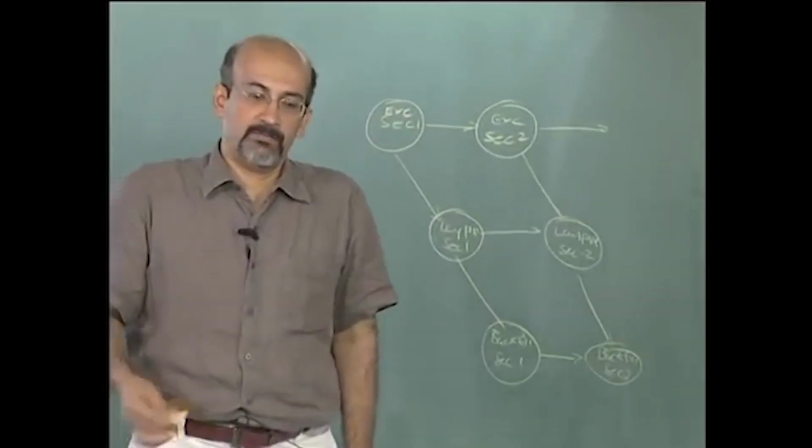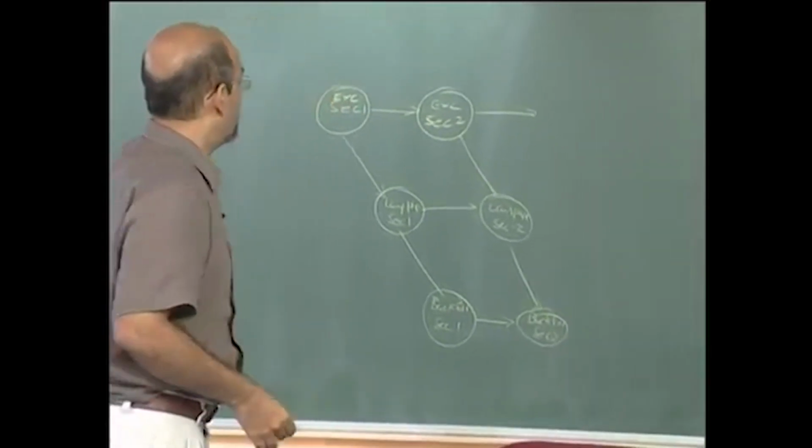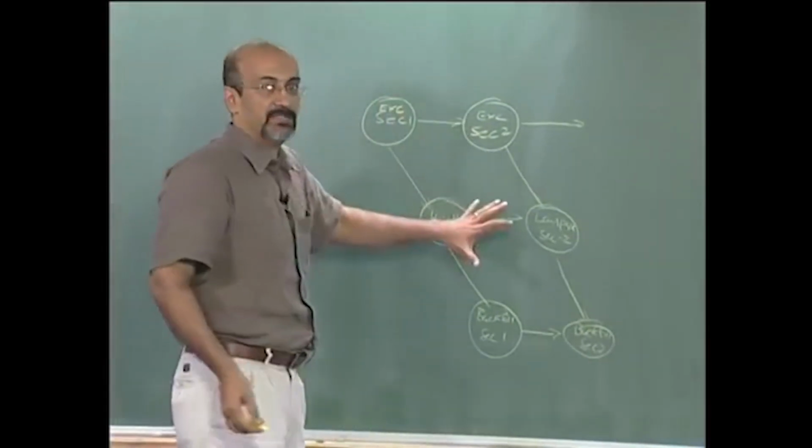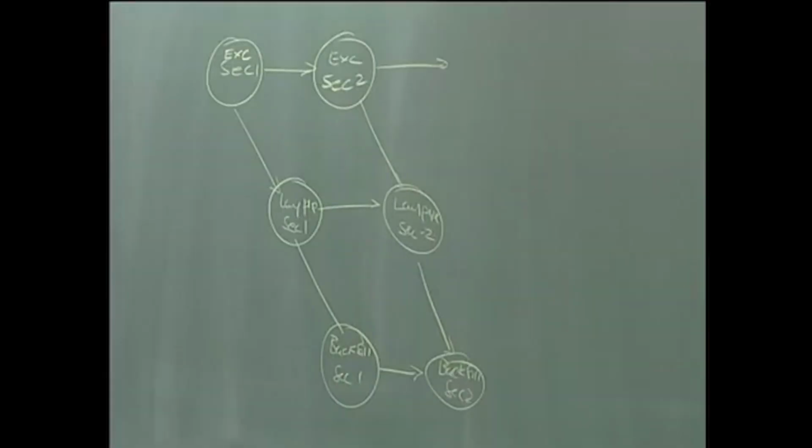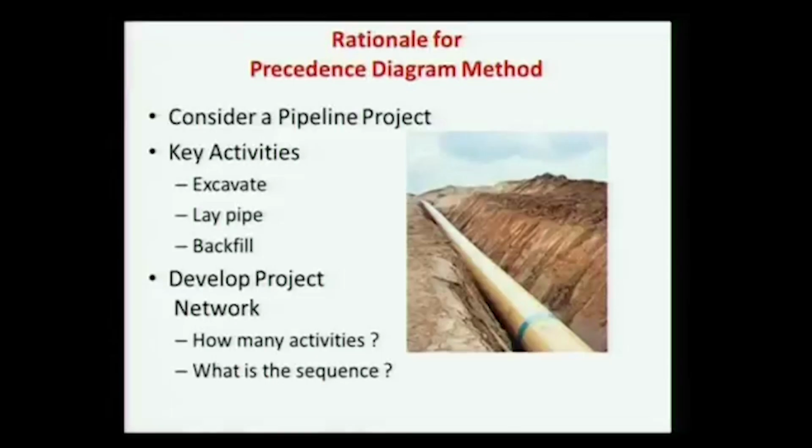So how many activities for just 2 sections? Now we have 6 activities, and if it is a very large project you will have hundreds of activities for a section.